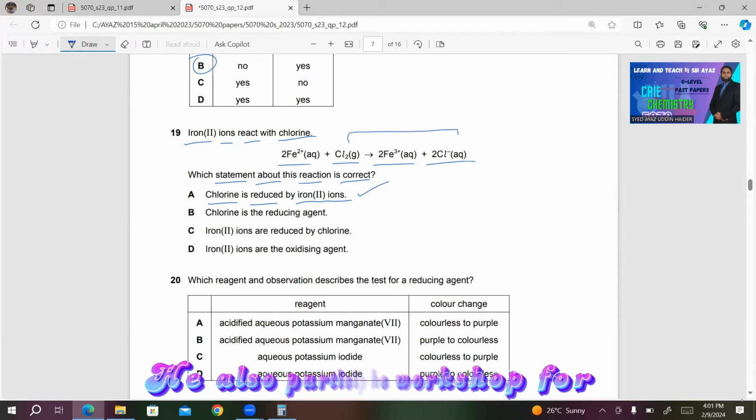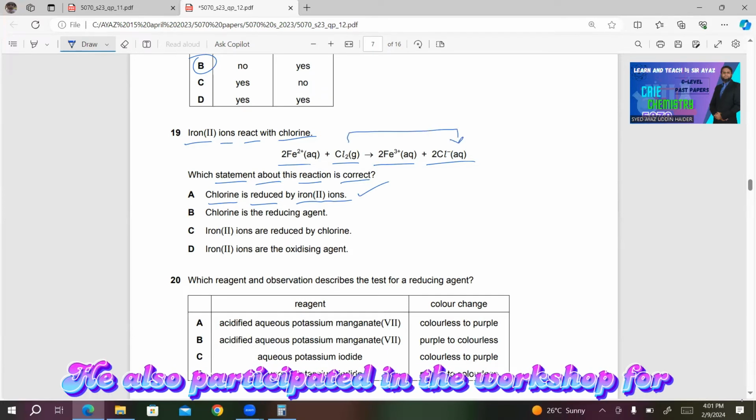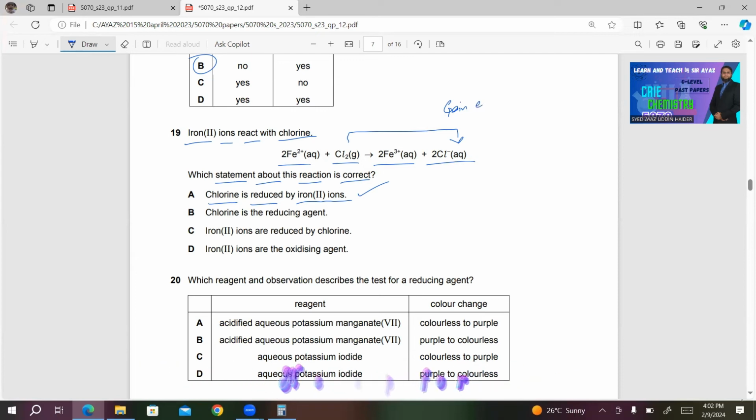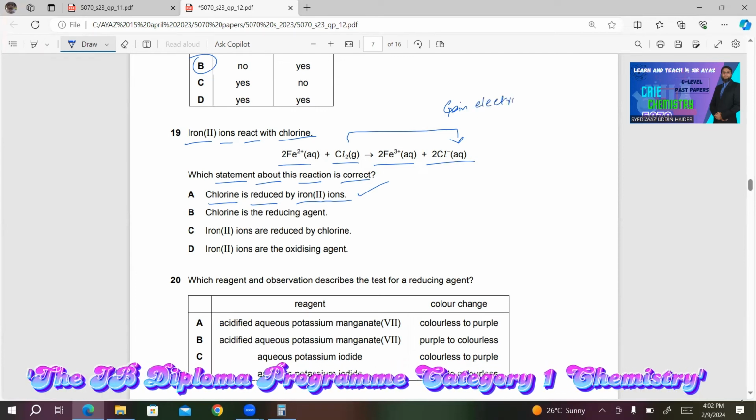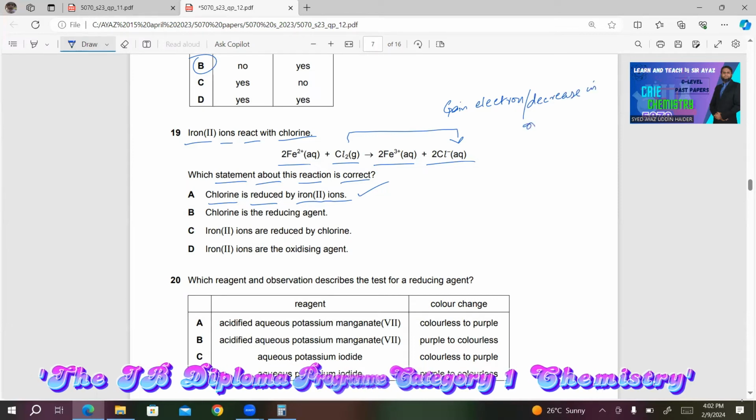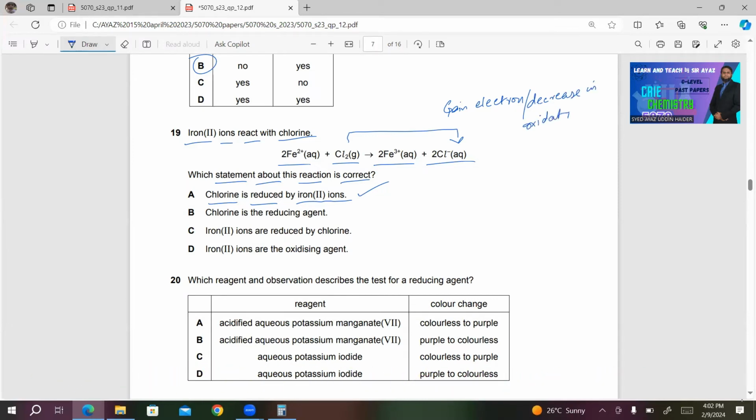You see the oxidation number, or the charge, on chlorine: it has gained electrons, a decrease in oxidation state, which is reduction.